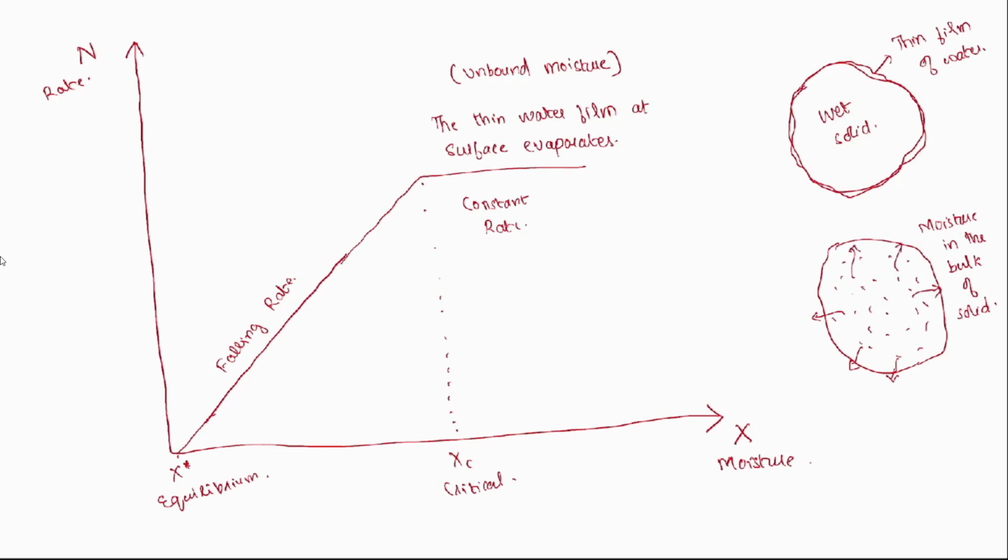This happens by a few different forces, but two major ones are diffusion and capillary forces. By these two actions, the moisture in the bulk of the solid will come out to the surface for drying, and this happens in the falling rate. So these mechanisms are generally termed as internal movement of moisture.